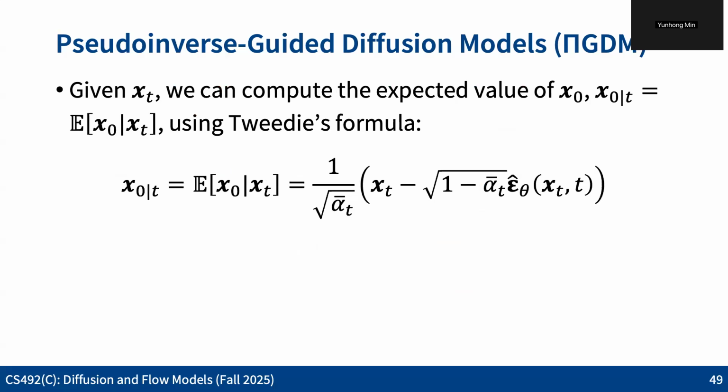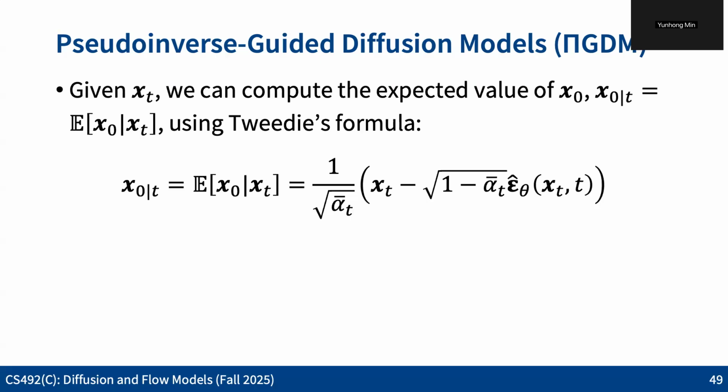So again, we have seen this multiple times. Given the xt, we can compute the mean of the x0 conditioned by the xt, right? The expected value of the x0 given the xt.